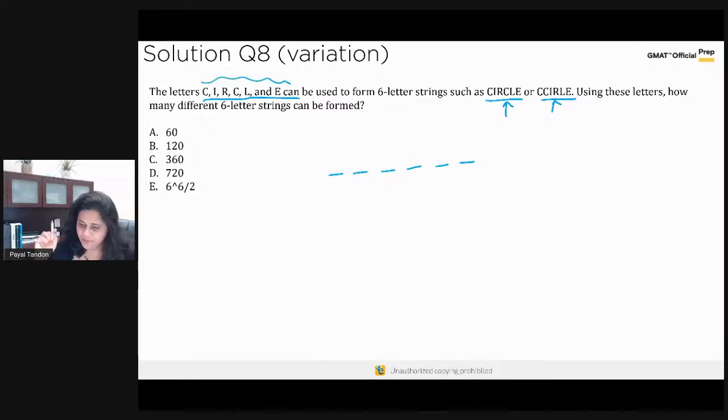Okay, now let's take an example over here. When you see C and C here, right? So which means the first thing is, for the first spot you have 6, for the second spot you have 5, for the third you have 4, 3, 2, 1, okay? And you need to fill in each of these spaces.